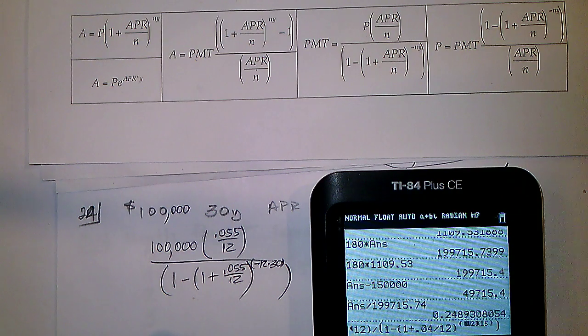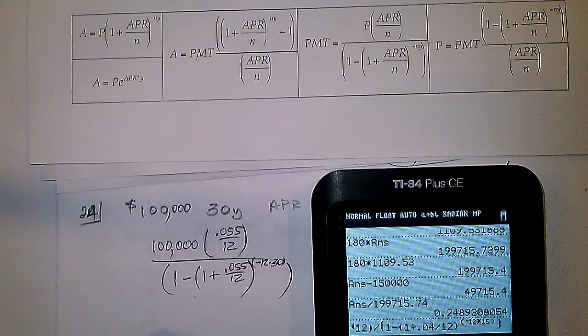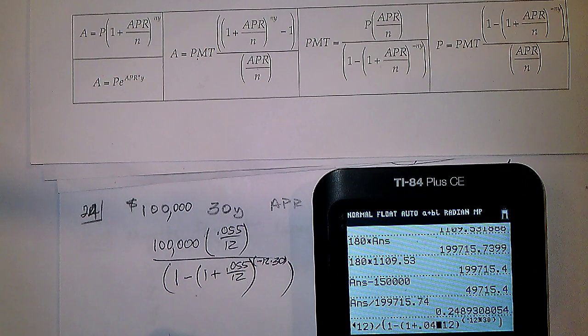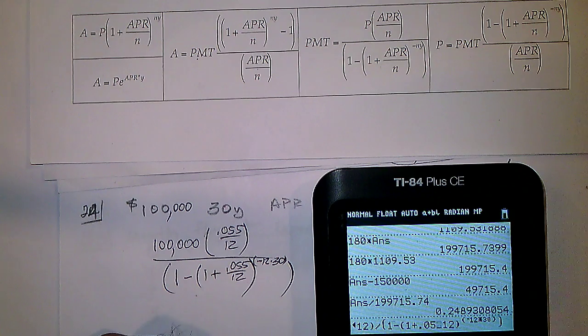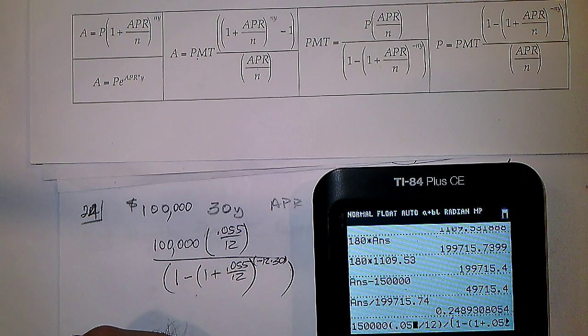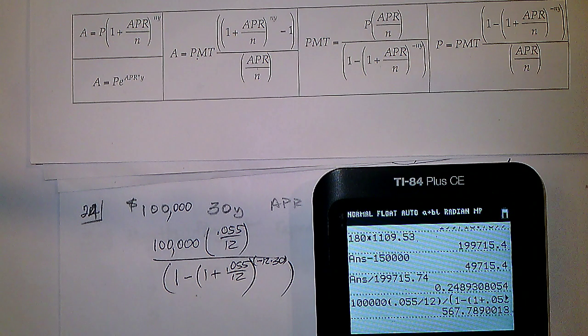So I'm going to go in here. This is 30-year. The interest rate is 0.055. And we're only borrowing 100,000. So our payment is much smaller.